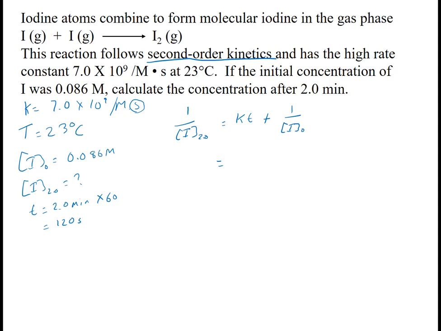So it's going to be 7.0 times 10 to the 9th times 120 plus 1 over 0.086.